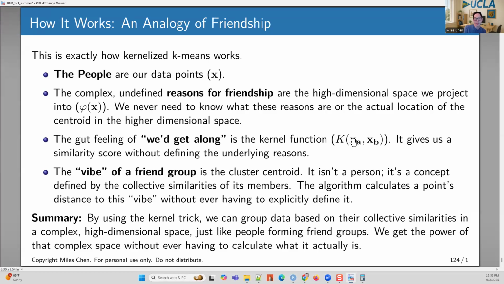But we have this kernel function that gives a measure of pairwise similarity between each of the points, and then you can get a measure from each individual to the, I don't know, the cluster centroid, by knowing the membership, by knowing who belongs to each friend group. And so that's the kernel trick, and we can group similar observations together.